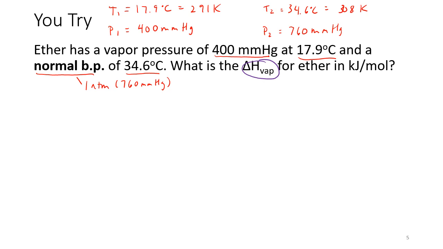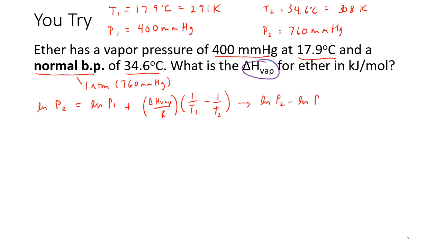Now we can rearrange the Clausius-Clapeyron equation in order to solve for the unknown. So starting with ln of P2 equals ln of P1 plus delta H of vaporization over R times 1 over T1 minus 1 over T2. We want to isolate delta H of vaporization over R, so we can subtract ln of P1 from both sides of the equation.